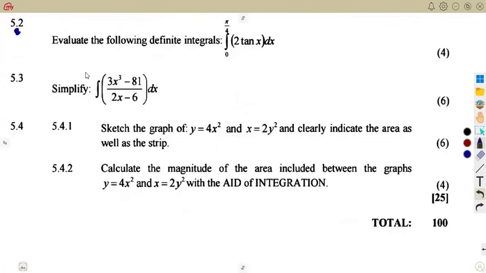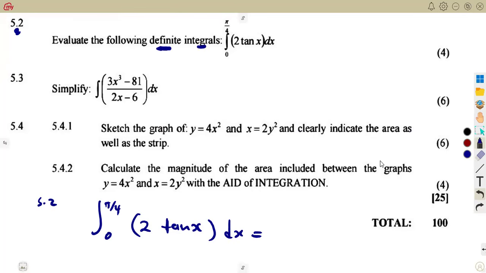Let's see, 5.2: evaluate the following definite integrals, substituting the limits. All right, so that's it, guys. As it is there, we're just going to substitute our limits after integrating. So what are we integrating? A tan from our information sheet, guys. How do we integrate a tan?